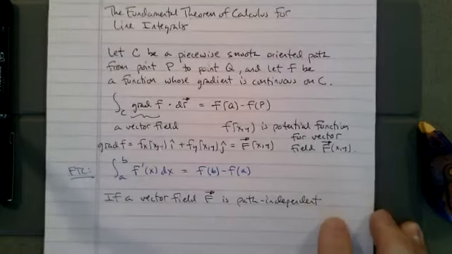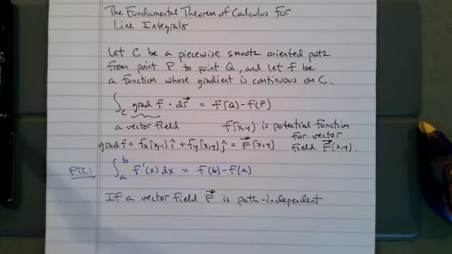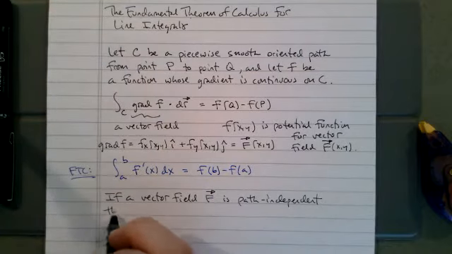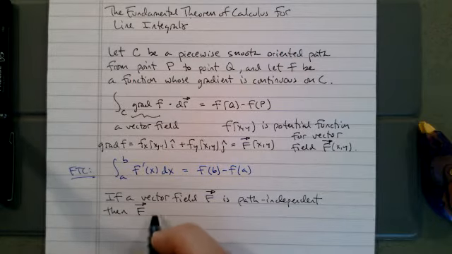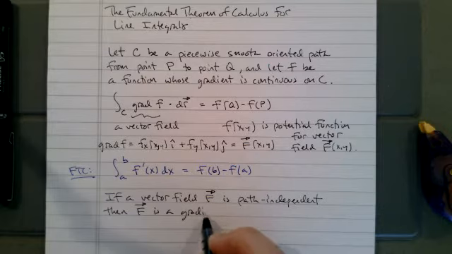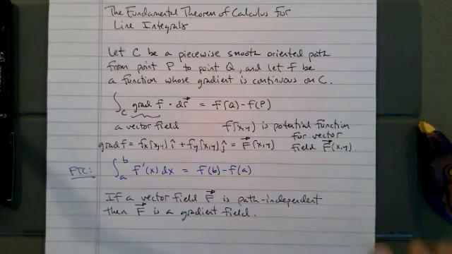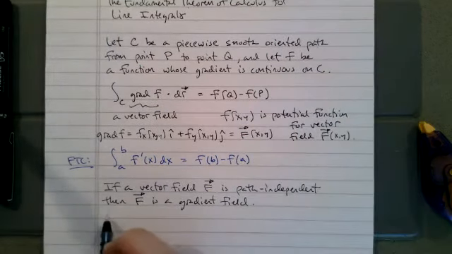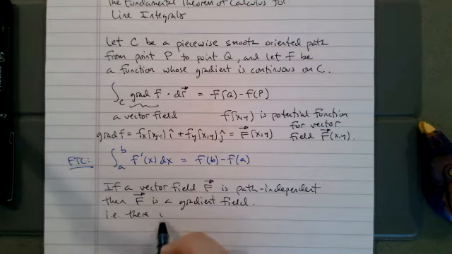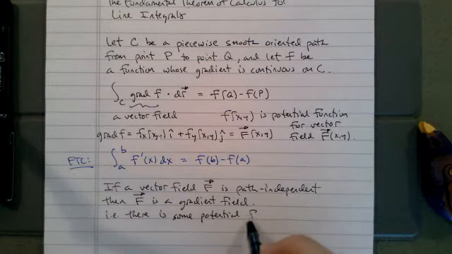So if a vector field is path independent, if it does not matter what path we take from point P to point Q, then we would say that F is path independent. And if the vector field is path independent, then F is a gradient field. That is, there is some potential function little f.